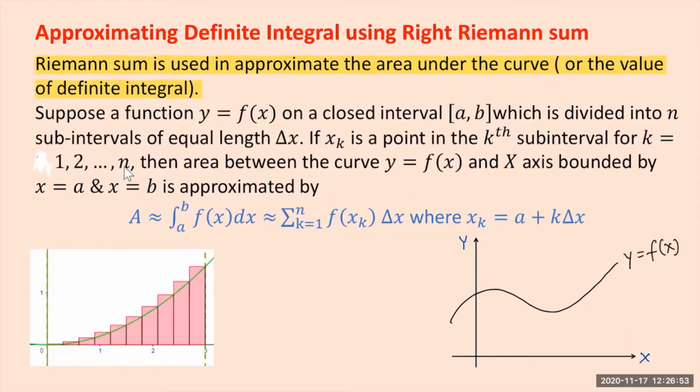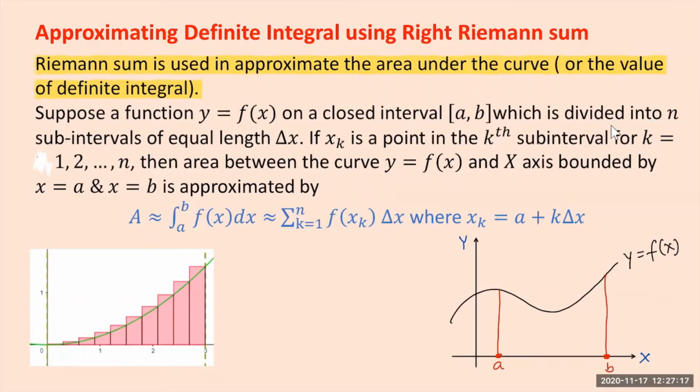So suppose a function y equal to f of x, which I have shown here, on the closed interval from x equal to a to x equal to b. Suppose the lower end that I'm interested in is at x equal to a. So this point on the x-axis is x equal to a, and I'm going up to this point, which is x equal to b.